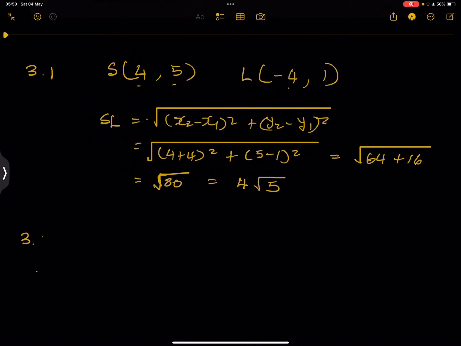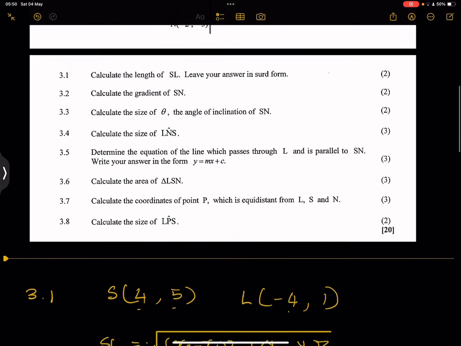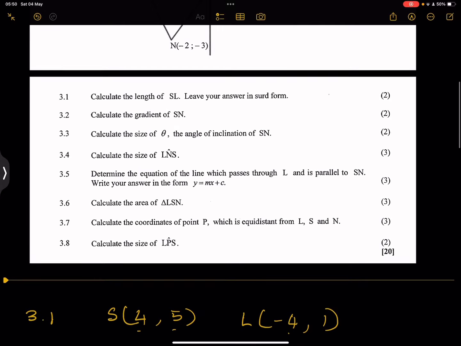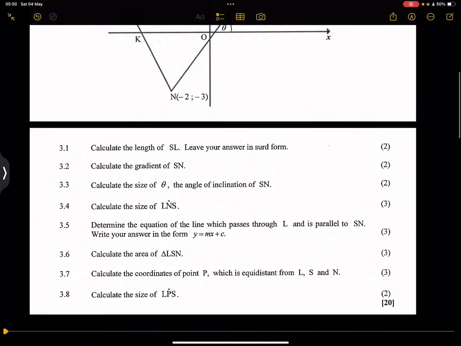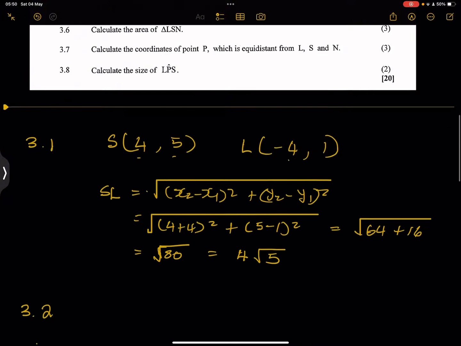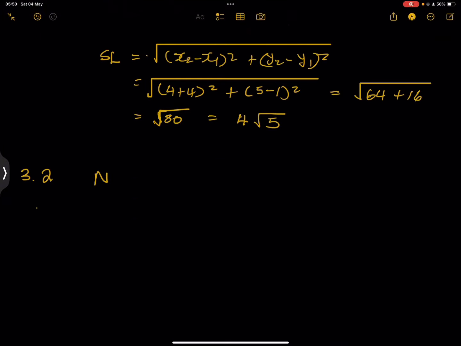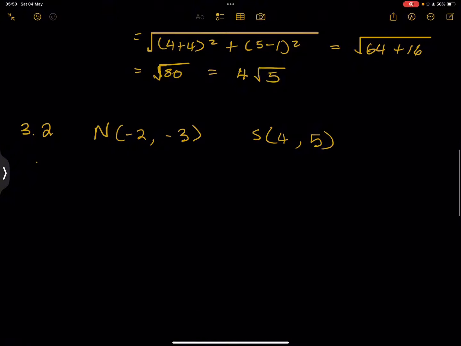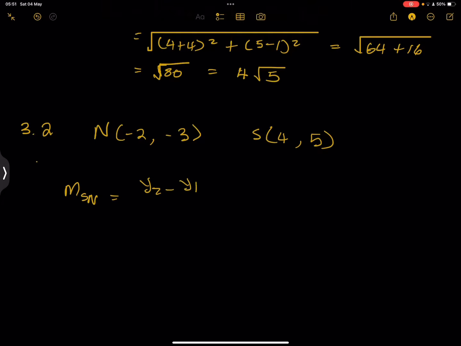So 3.2, they want us to calculate the gradient of SN. Now N is (-2, -3), so let's keep that in mind. But we remember that S is (4, 5), we were given that there. So the gradient of SN is y2 minus y1 divided by x2 minus x1.